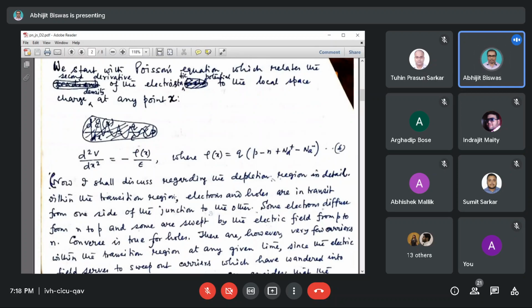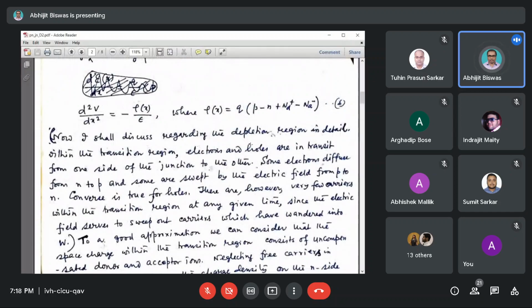Is it clear? And it is called the famous Poisson's equation. Poisson's equation essentially relates the variation of electric field with the charge density. So is it clear? Yes, sir. Okay.